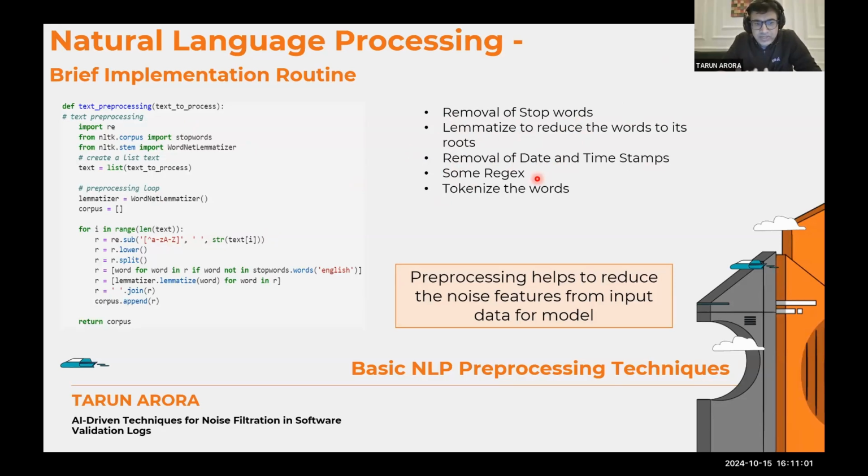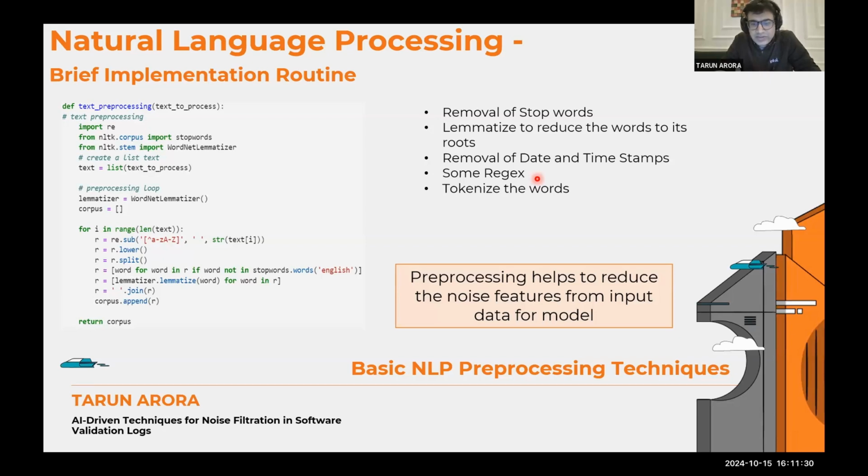So what we are trying to do is some cleanup of the logs, so that all the noise is filtered out before we get into the modeling stage. Why we are doing this is because we are trying to get the most important features which can eventually be fed into the models, and to reduce the noise by removing the pre-classified noise.